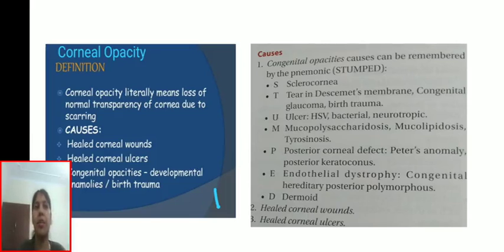M stands for mucopolysaccharidosis or mucolipidosis, and tyrosinosis. P stands for posterior corneal defect, Peters anomaly and posterior keratoconus. E is endothelial dystrophy, congenital hereditary posterior polymorphous. D is dermoid.